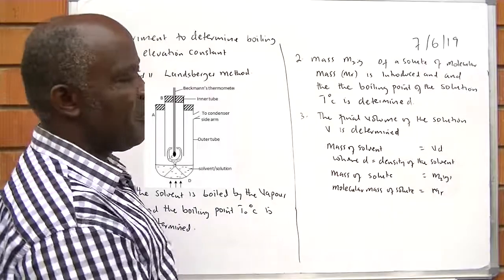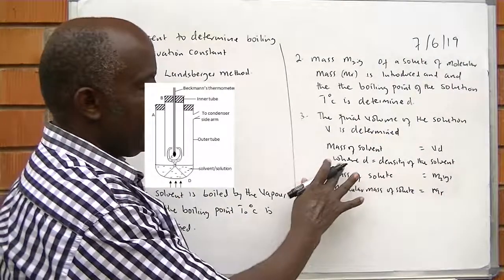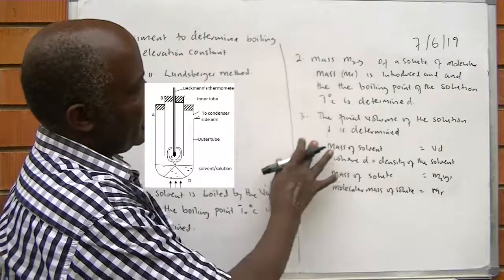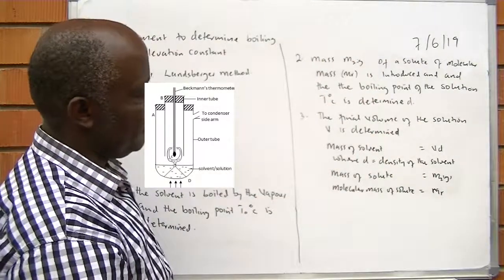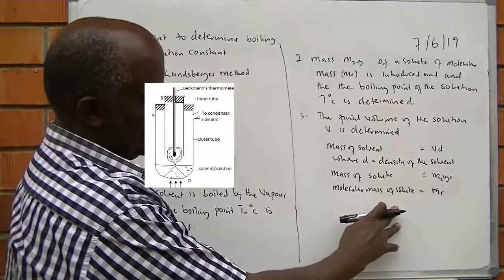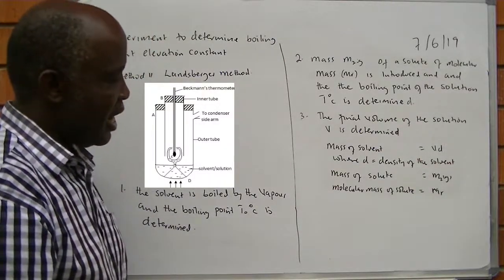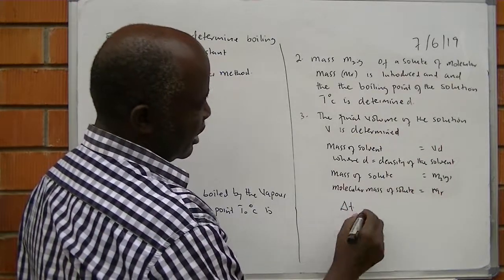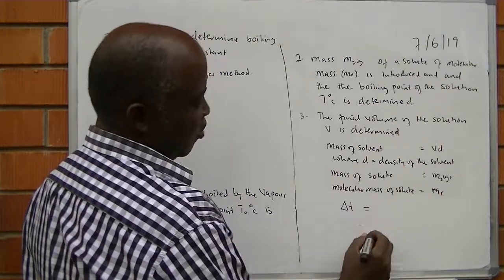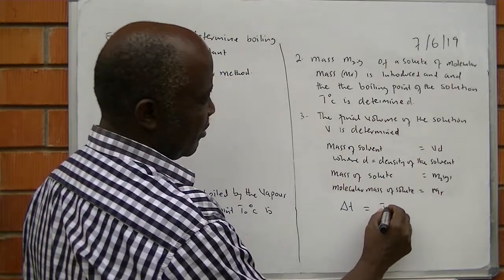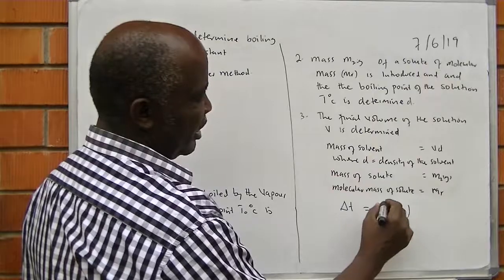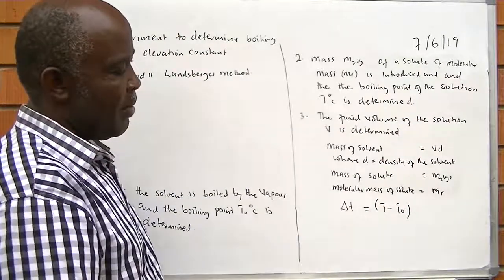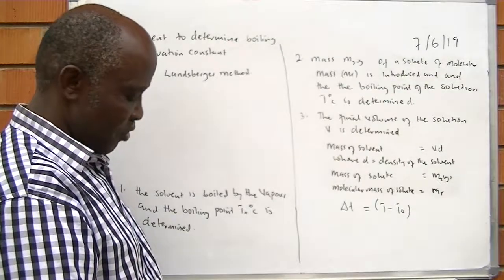Mass of a solvent will be equal to Vd, where d is the density of the solvent. Mass of the solute is M2. Then the molecular mass of a solute is Mr. Then the temperature change will be equal to T minus T0. We have seen that the boiling point of the solution is higher than the boiling point of the solvent.